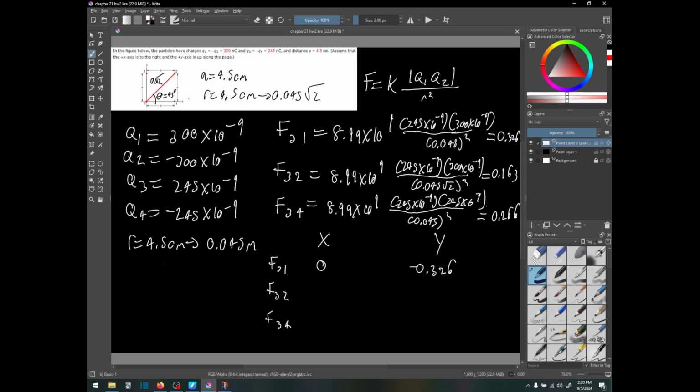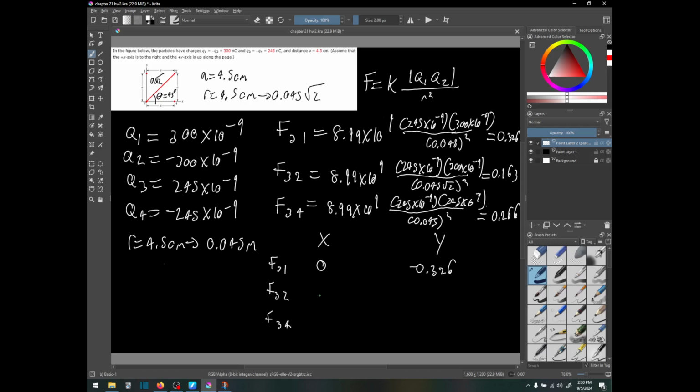Particle 2 is negative, so this is going to be an attraction, and a positive sine and cosine value for x and y.